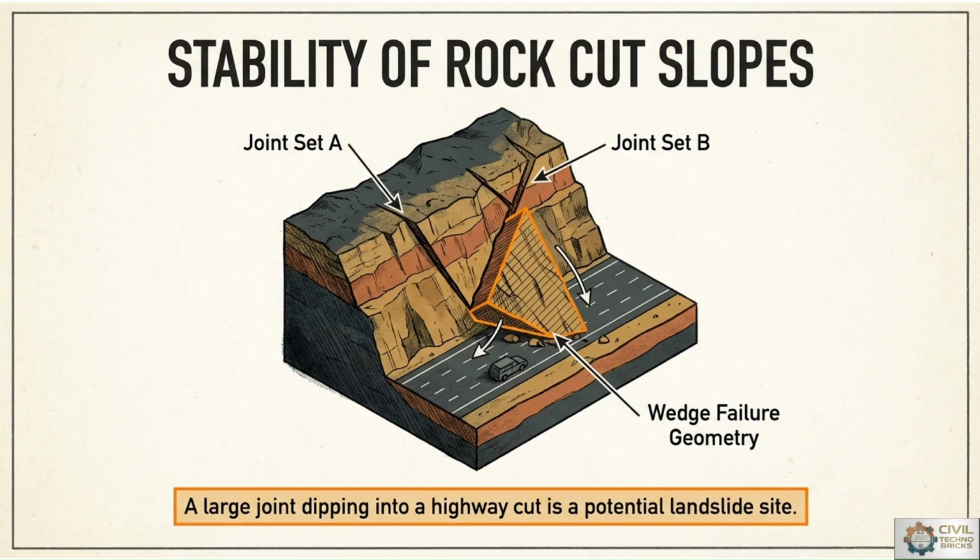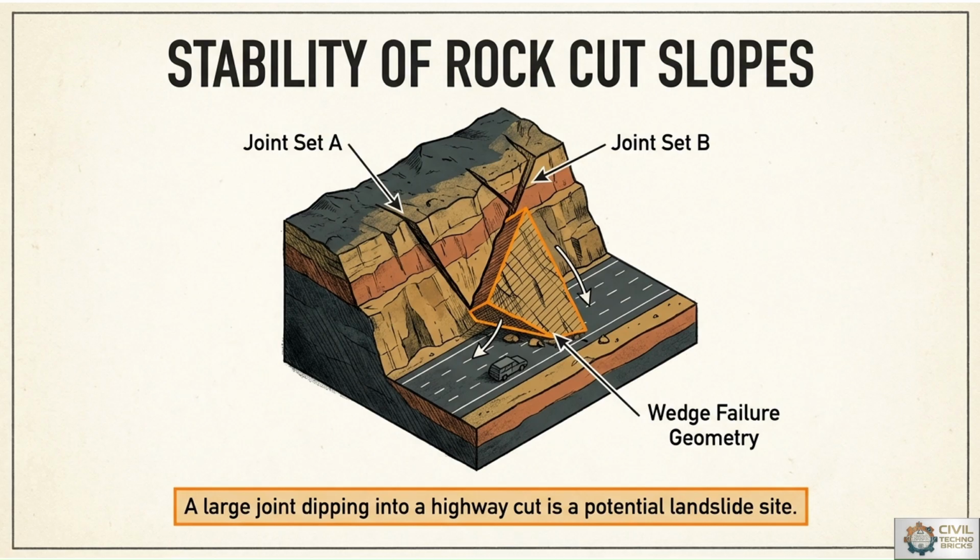Here the image shows the wedge failure geometry, joint set B and joint set A. Here there are n number of rock layers, in black color, orange color and yellow color. With reference to the joints or fault plane or fractures within them, in summer the whole rock may get heated with the temperature and generate cracks in between. In rainy season, a huge amount of rainfall will be there and the cracks are filled by water, and the layer above the crack may settle down and a landslide will occur.